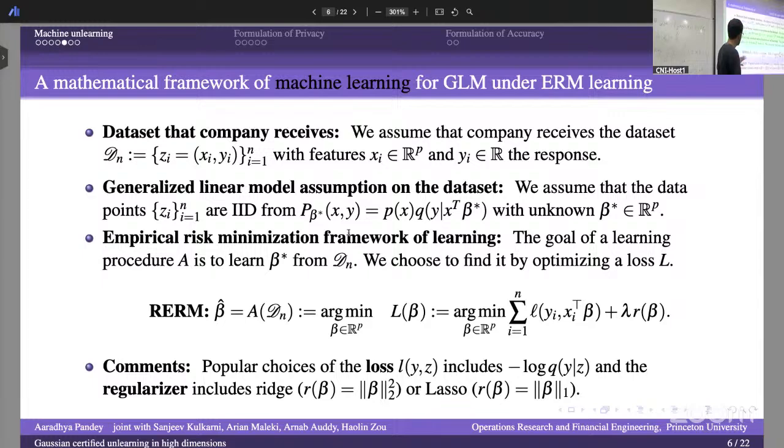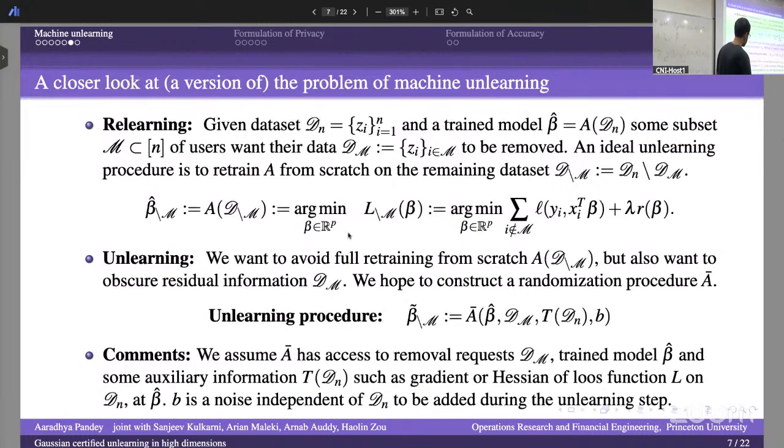Throughout, I will assume the data set is like this, the data generating process is a generalized linear model, and the framework of learning is empirical risk minimization. Okay, so that's the learning framework. My task is, given these two things, to come up with an unlearning procedure, on which I will impose some conditions. So far is clear. Okay.